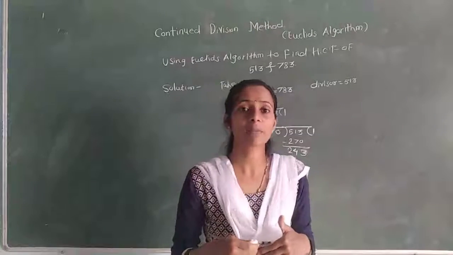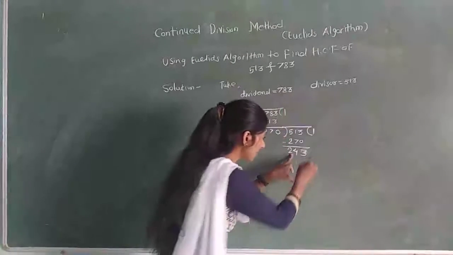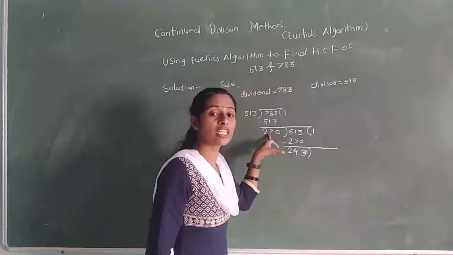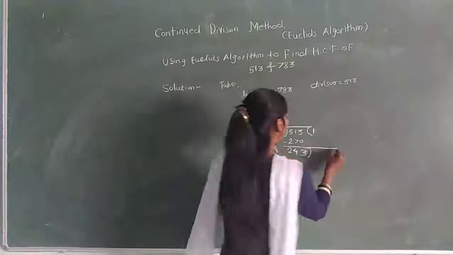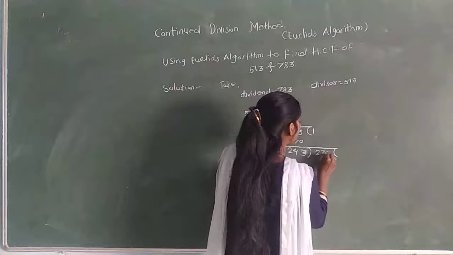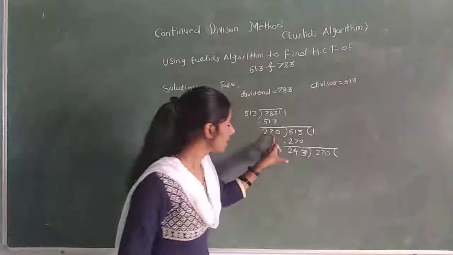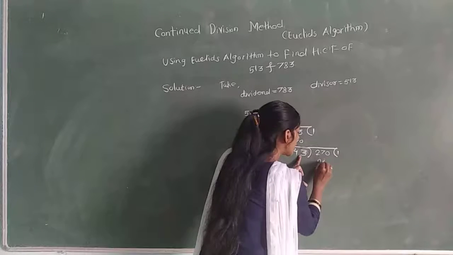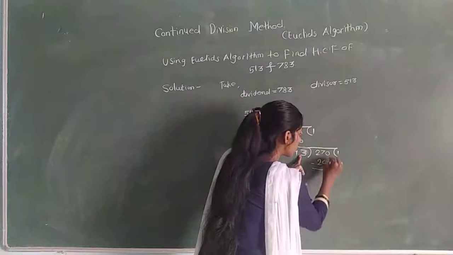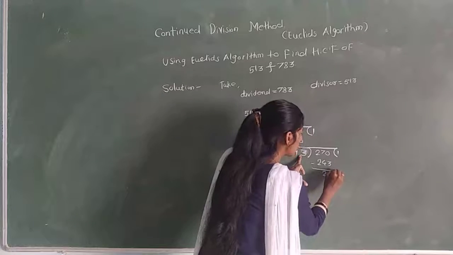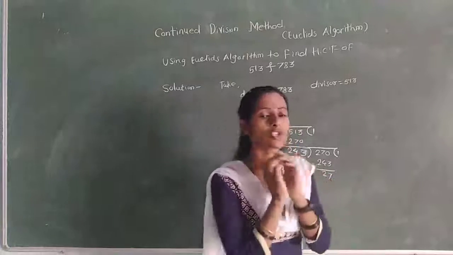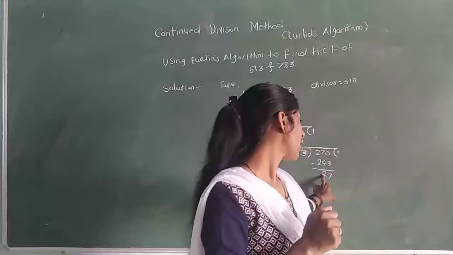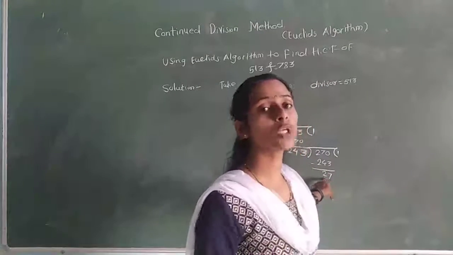Again the remainder is not 0. Let's go to step number 3. Take this remainder as the divisor and the previous divisor as the dividend. That is 270 is the dividend. 243 ones are 243. So 270 minus 243 is 27. Again 27 is not equal to 0, which means the remainder is 27, so take it as the new divisor.